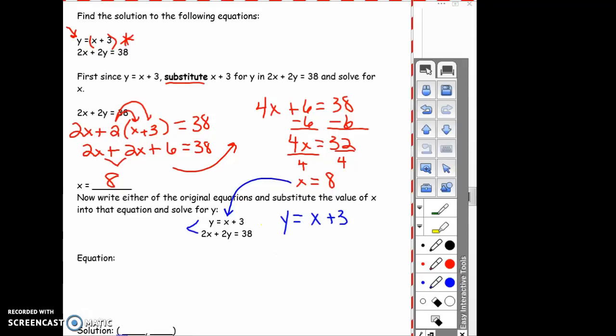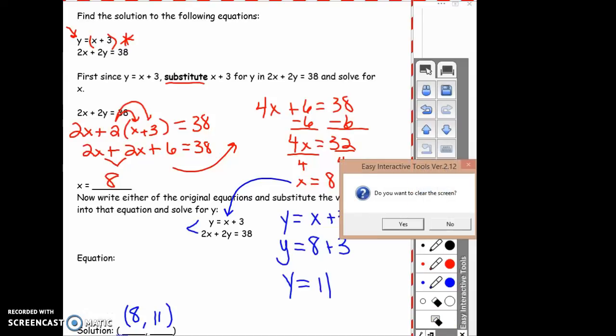Well, guess what? I know what x is. It's 8. So all I do is substitute it in. So my y value is 11. So guess what? My solution to this problem is 8, 11. Bam. There it is.